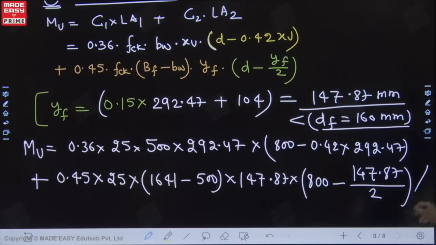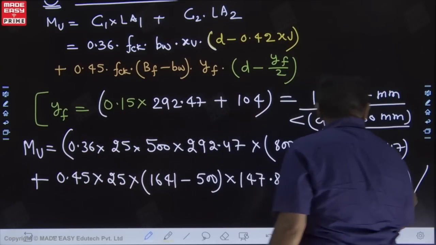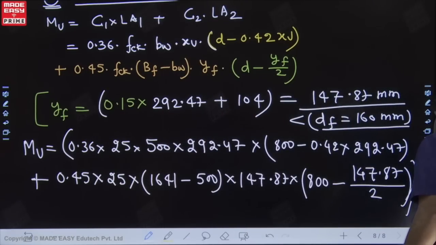Put the sum of these two values in brackets, and divide by 10 to the power 6.